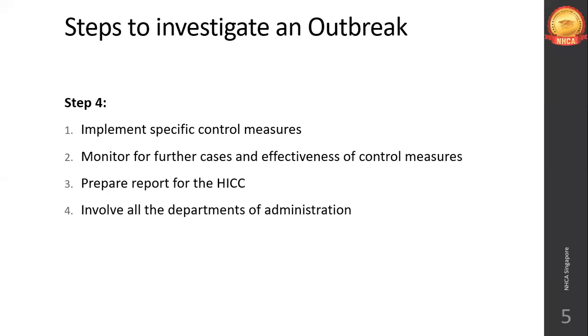Whatever control measures you're taking, is it working or not? And whatever data you have collected, what the ongoing procedure is, what is going on at present, everything has to be reported to the hospital infection control committee, and all the departments of the administration should be involved. So this is step 4.